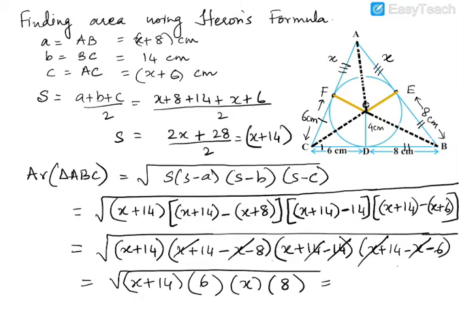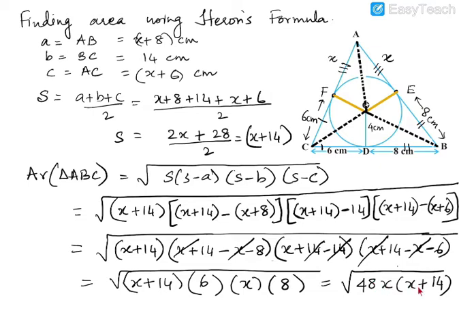So on multiplying, we get square root of 48x in brackets x plus 14. 48 can be factorized as 16 into 3.